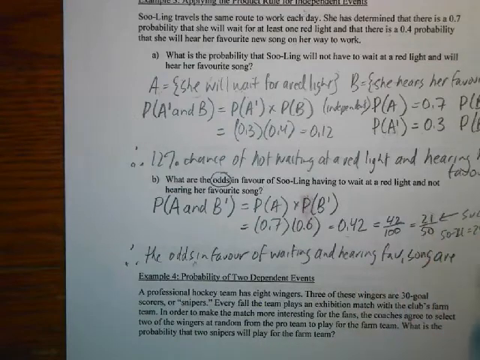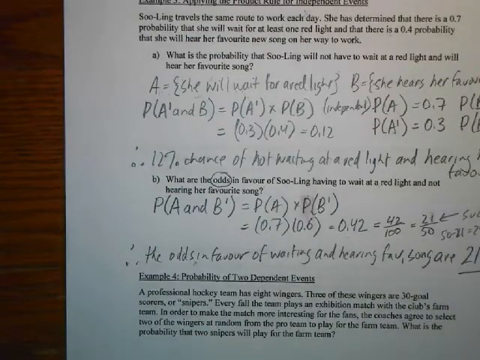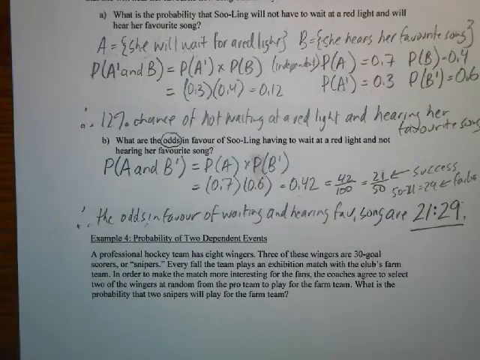So we put the 21 as our first number to the left of the colon, and our second number will be the failures. For every 21 successes, there's 29 failures. So that's what we put for the odds. Okay, there you go.